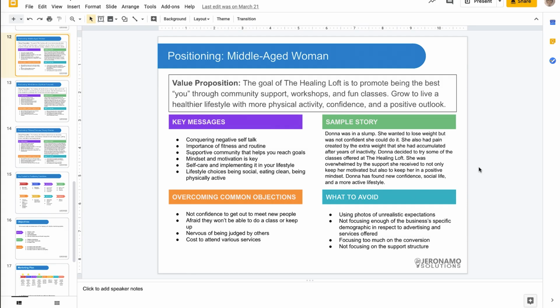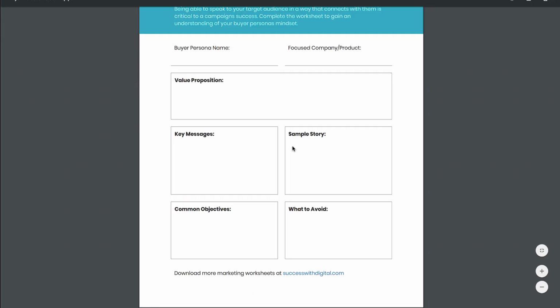She was overwhelmed by the support she received to not only keep her motivated, but also keep her in a positive mindset. Donna has found new confidence, a social life, and a more active lifestyle. So that would be her. So when you're filling out the sample story, it's really important to look at where they are and that end result, where they want to be after they work with your company or they use your product or service. So that is an example of a sample story.